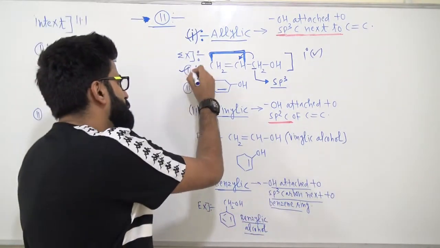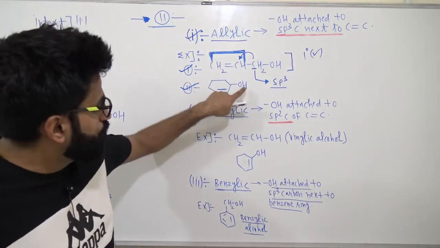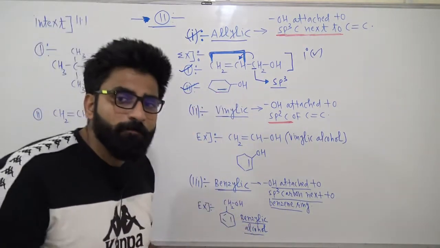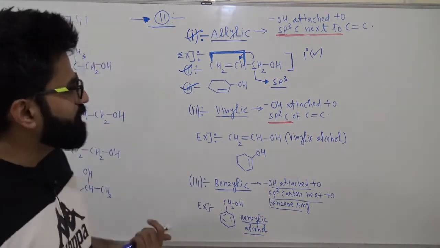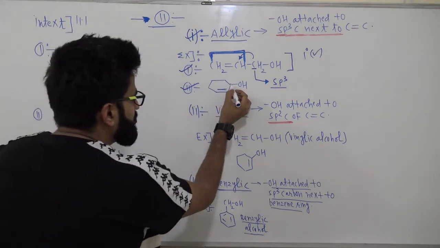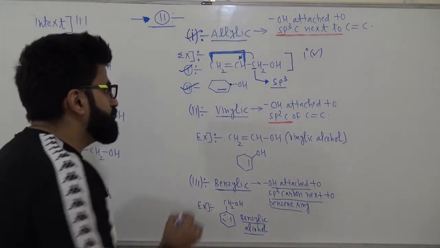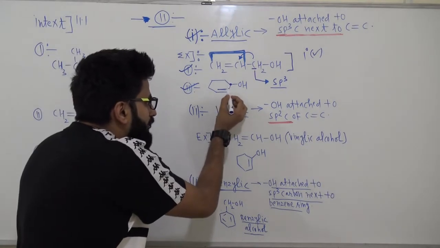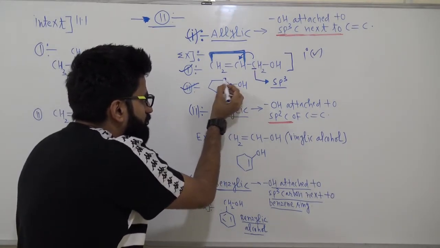Suppose second question we have. First, this is your alcohol, right? Because OH group is attached, so this is alcohol. My first question is, what is the degree of this alcohol? So that is very simple. If you see, to this carbon this OH group is attached. Yes or no? Yes. Now you check, this carbon is attached to how many carbon atoms? So you are like, sir, 1 carbon atom here and 1 carbon atom here.